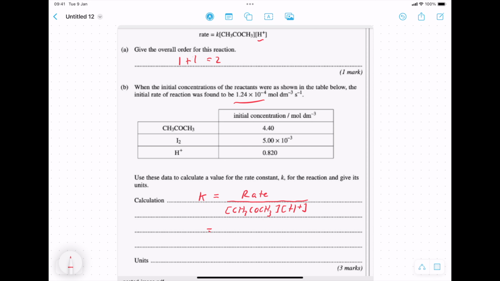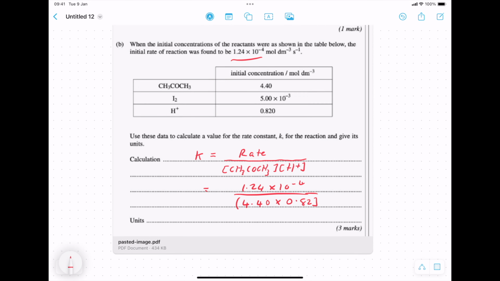So the rate is 1.24 times 10 to the negative 4 divided by the concentration of propanone, which you can see is 4.4, times the concentration of H+, which is 0.82. Now you will notice that we're given the concentration of iodine, 5 times 10 to the negative 3, but we don't need to use that value because iodine does not appear in the rate equation, which suggests that it's order 0. So we can just ignore that. So let's work this out.